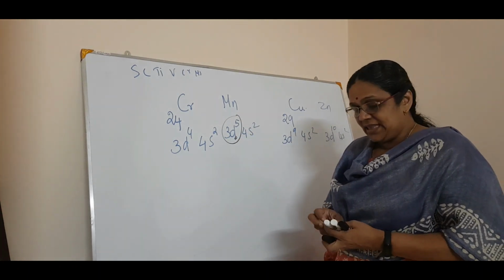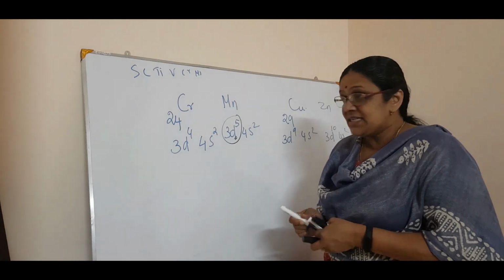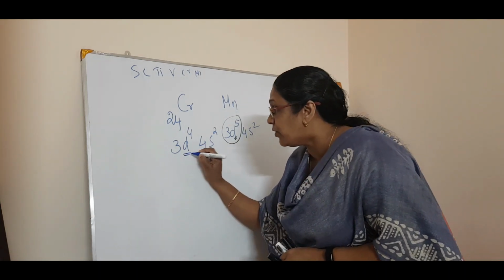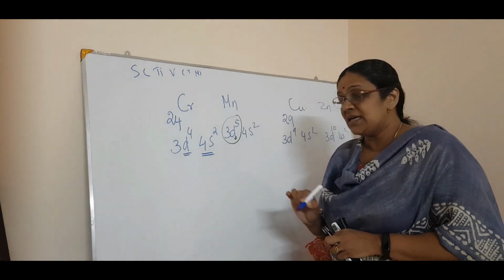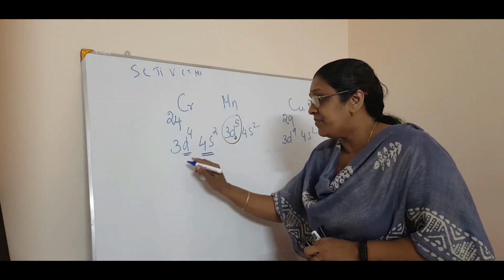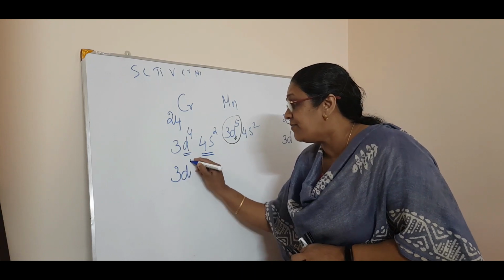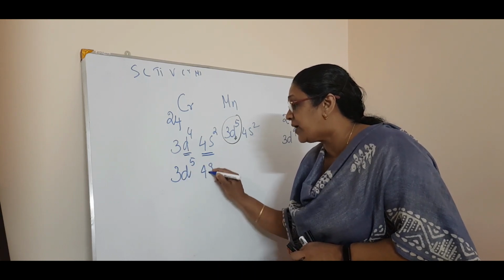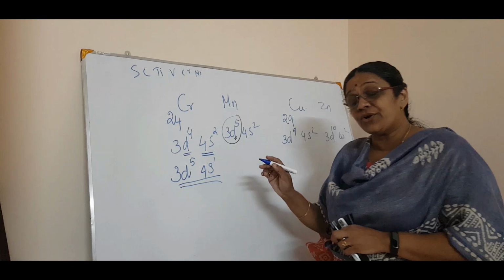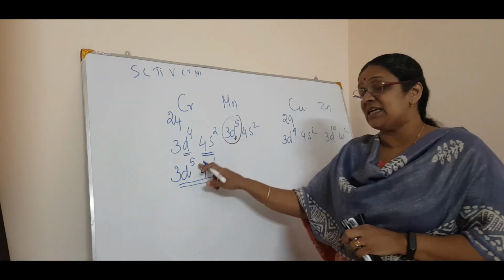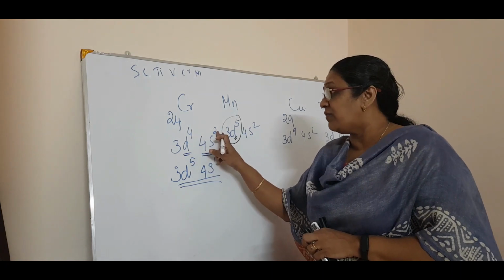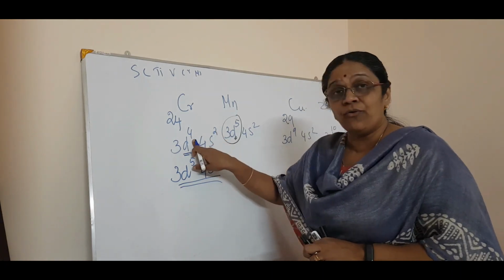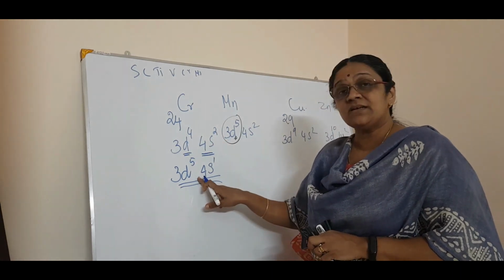Now in the case of chromium, since it is having a d4 configuration and 4s2, this will become 3d5 and 4s1. See, in order to attain this half-filled stability, one electron will jump from the s to the d.